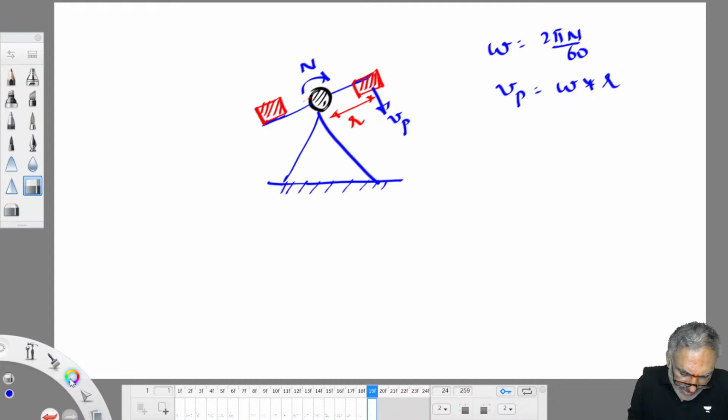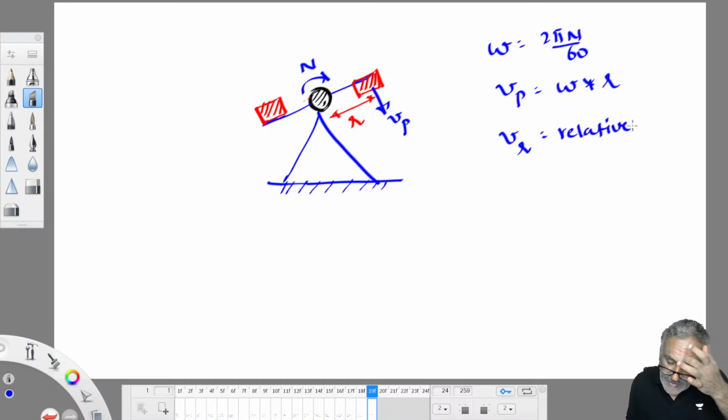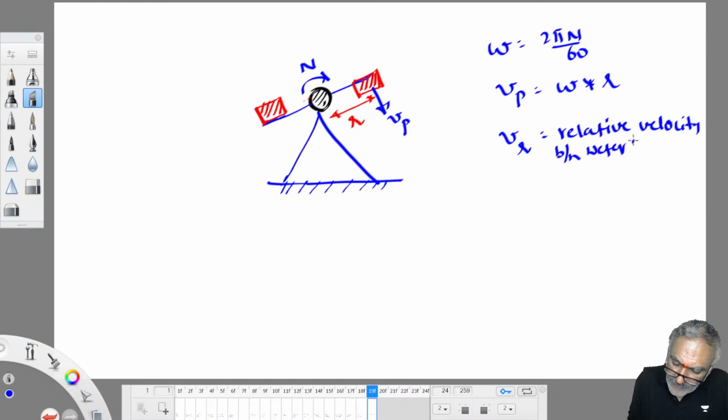But what we use here for power is the relative velocity. So relative velocity is the difference in velocity between water and paddle tip. This relative velocity we calculate between the water flow and the paddle.